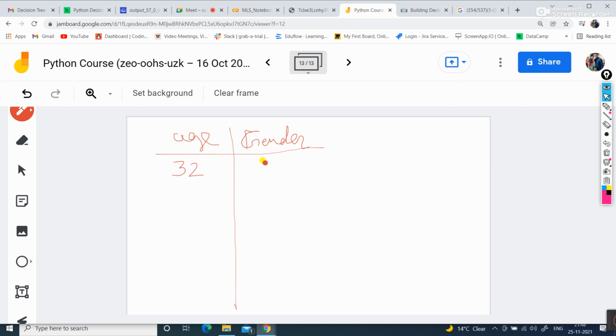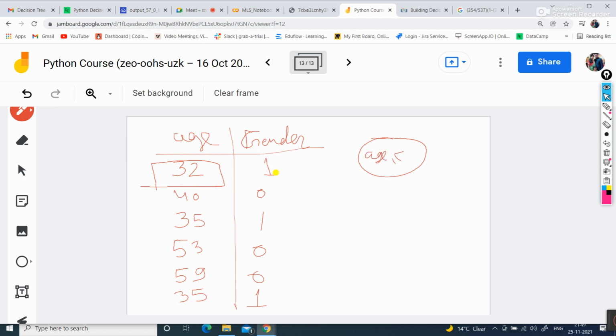For example, those having age 32 have 0, those having 35 are female, those having 53 have 0, those having 59 have 0 again, and those having 35 is one example. So first they took this 32 as a threshold value. They said in the root node that all the values less than or equal to 32 will go towards the left hand side.